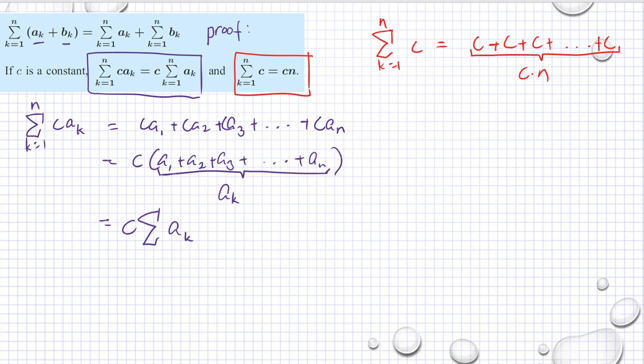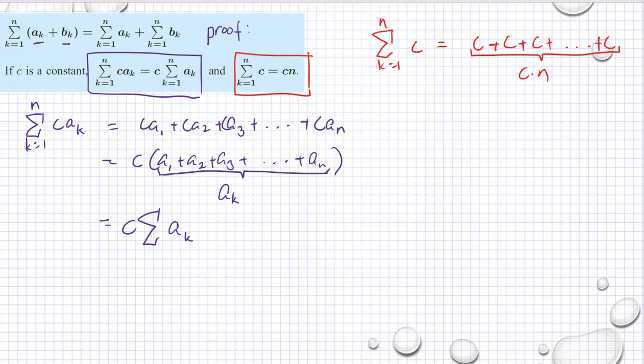So we have now proved that the summation of a constant c is just c multiplied by the number of terms.